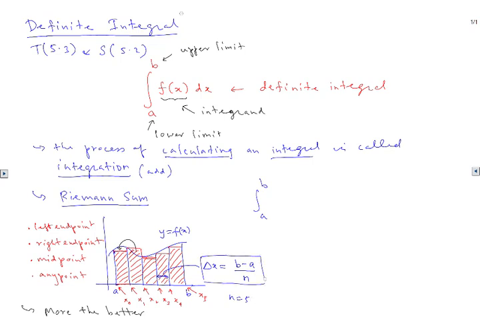Now we need to find a formula for each x value. We have x0. How do we get x1? x1 is simply x0 plus one such gap. What is x2? x2 is x0 plus 2 such gaps.